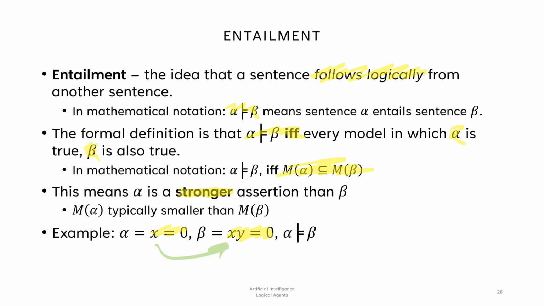Let's say x is equal to 2 and y is equal to 0. That's a model that isn't in alpha. It doesn't satisfy alpha, but it's still a model within the set of models of beta. So just keep in mind that alpha is a stronger assertion here.